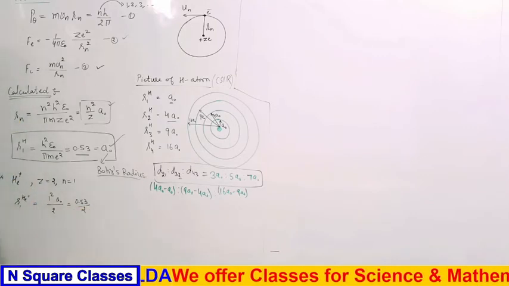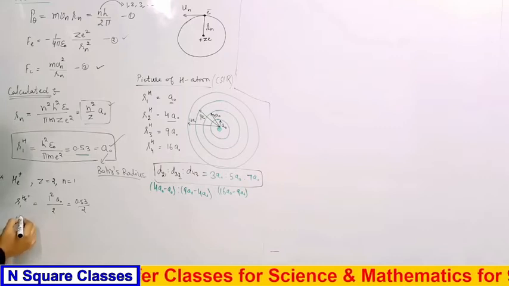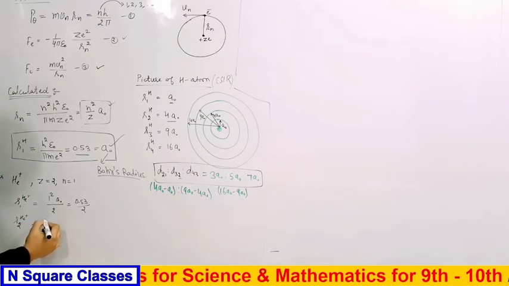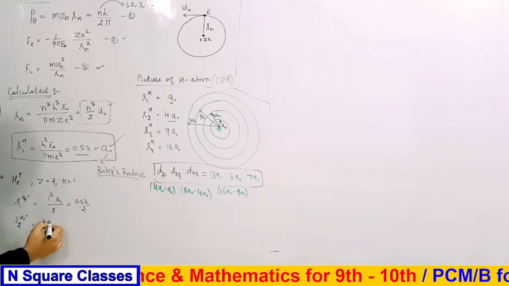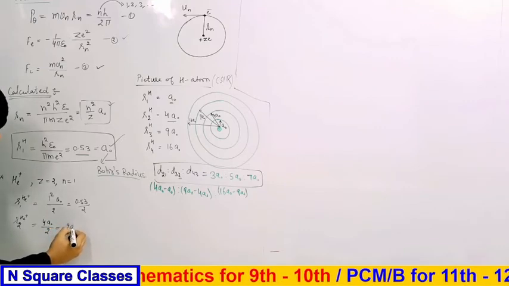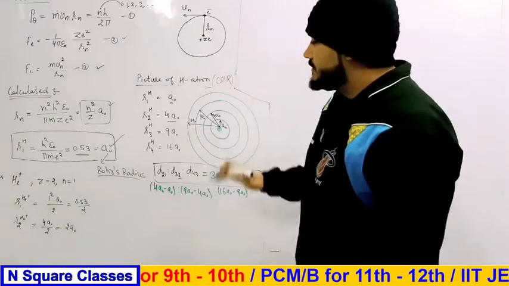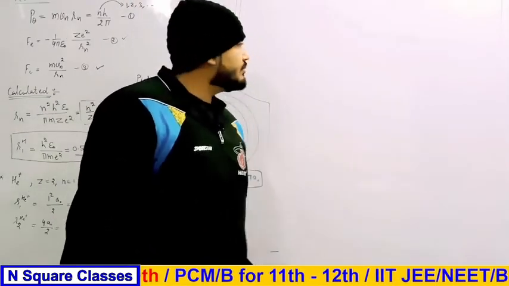Now this is the value. For R2 He positive, for the second orbit we can calculate like this. Now n is 2, 2 square is 4, 4a naught divided by 2, this is twice of a naught. Clear? And so on, we can calculate like that. Is it fine or not?